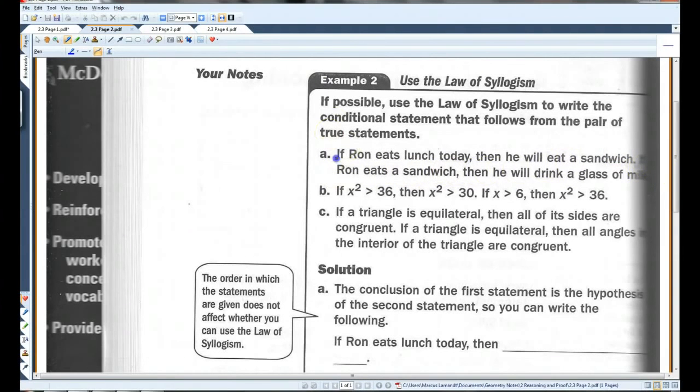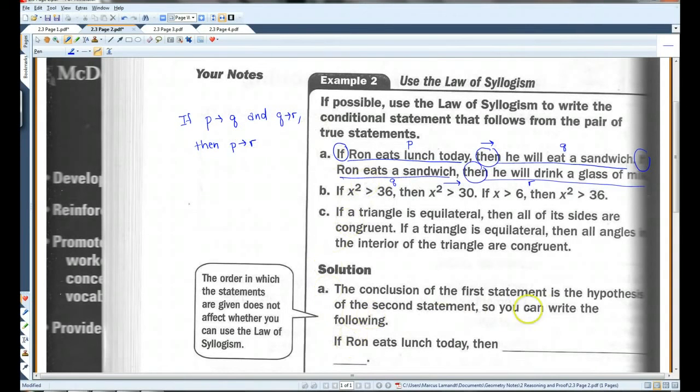So, here's my P. Here's my Q. So I have P implies Q. Here's Q again, and here's R. And we have Q implies R. So, once again, the law of syllogism says if P implies Q and Q implies R, then P implies R.